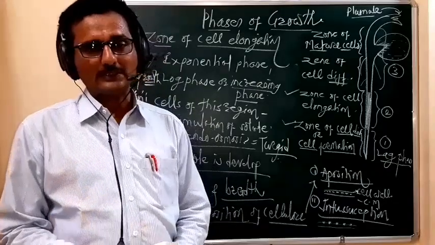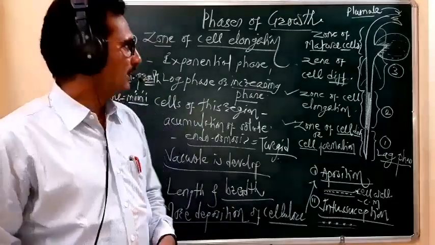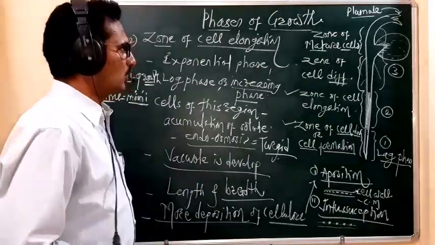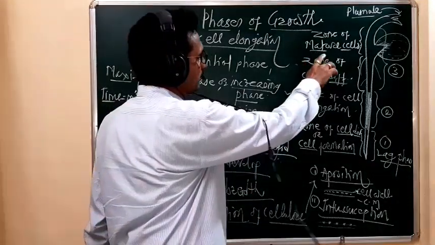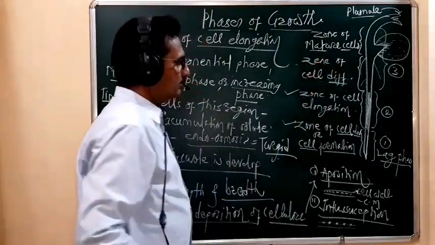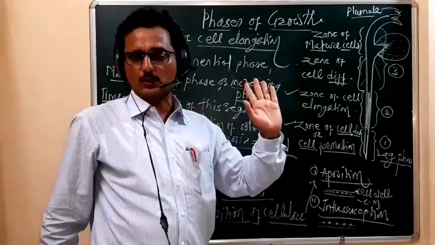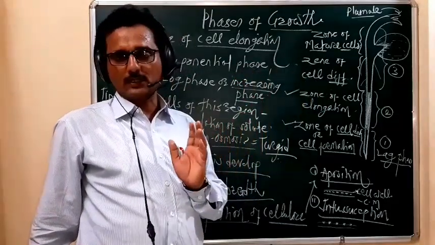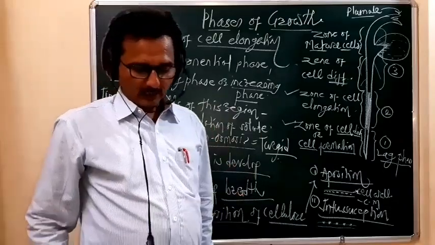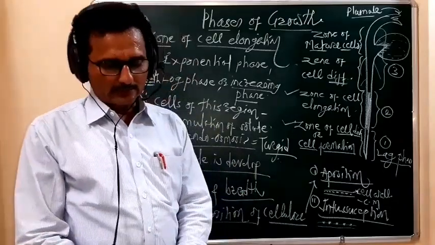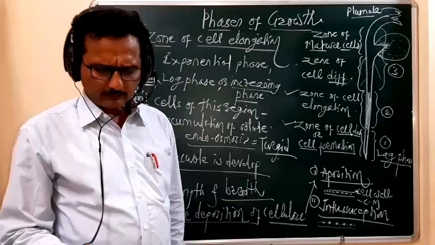So remember, this is the second phase of growth. Then the third phase of growth is called the zone of maturation. In that we observed first a zone of cell differentiation, and finally the zone of cell maturation.